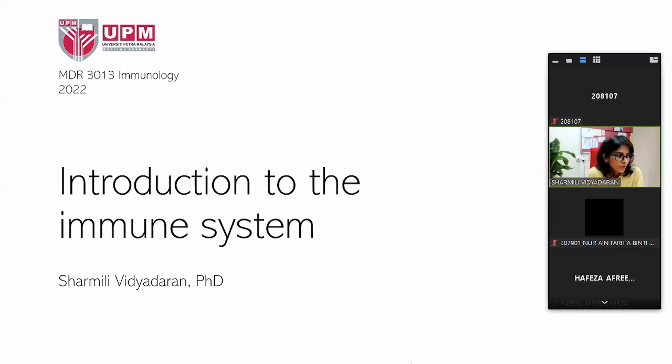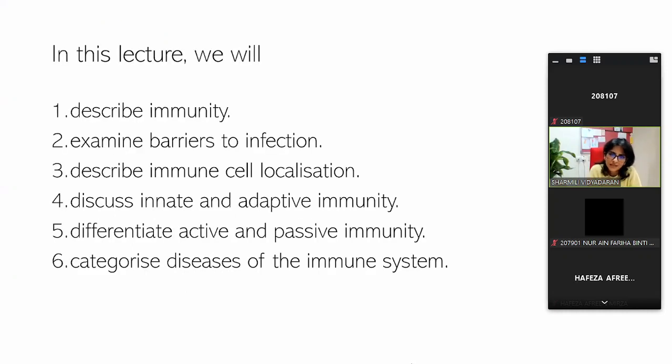Okay, so I'm going to introduce you to the immune system this morning, and we're going to discuss what immunity is, and that the immune system does not consist of just one organ. So it's not very easily identifiable, right?